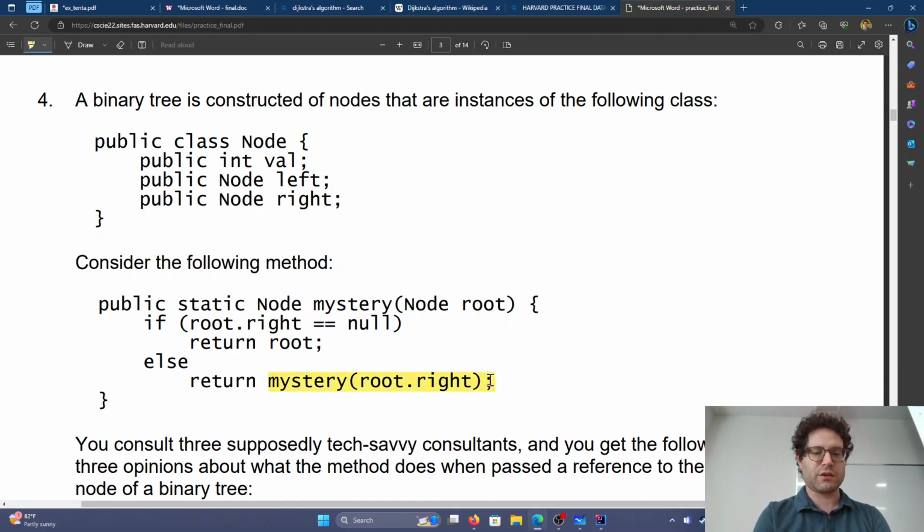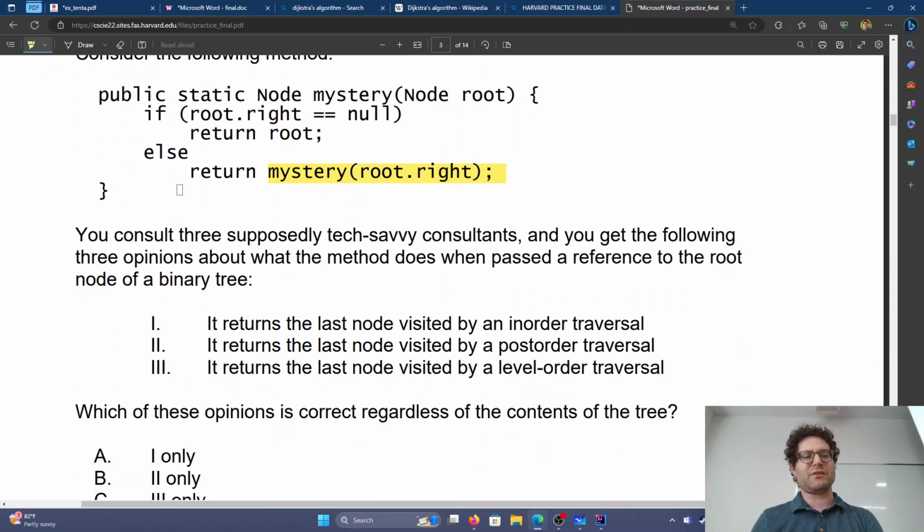Otherwise, call mystery on root.right. Make sense? So we're going to start at the top and keep calling on the right side until there's nothing left. That's what it comes down to.